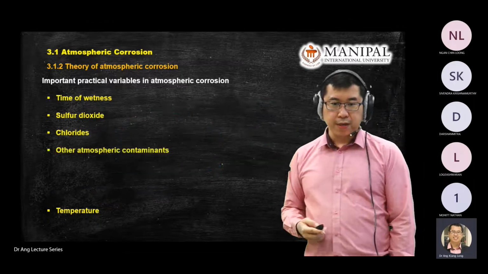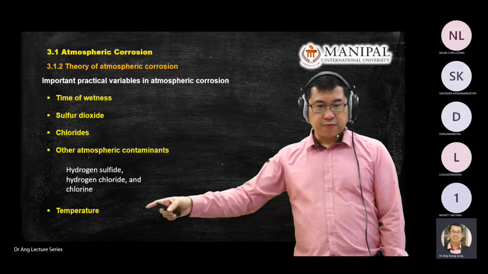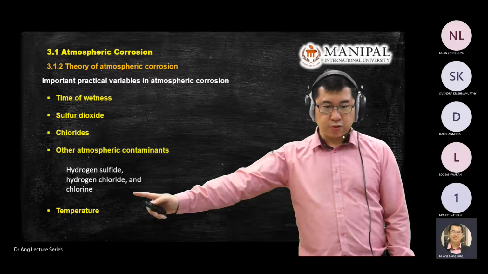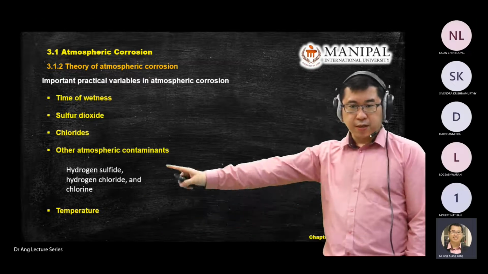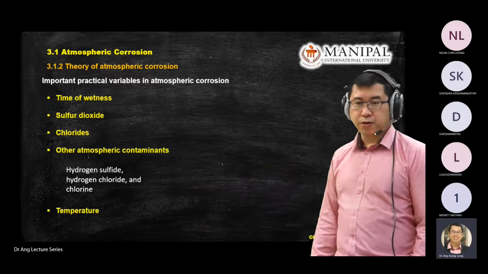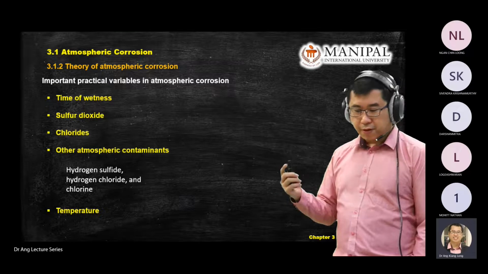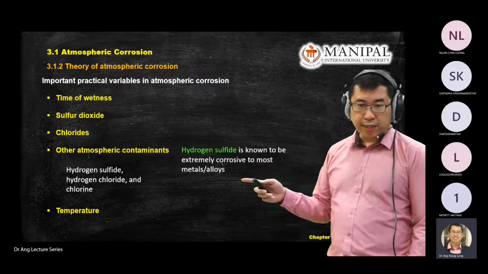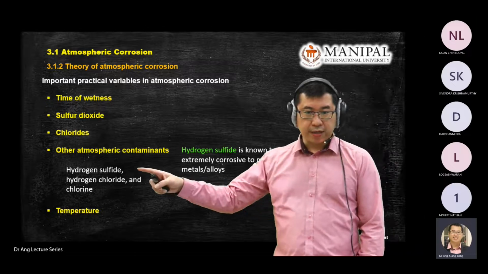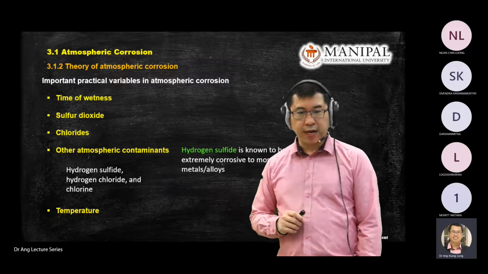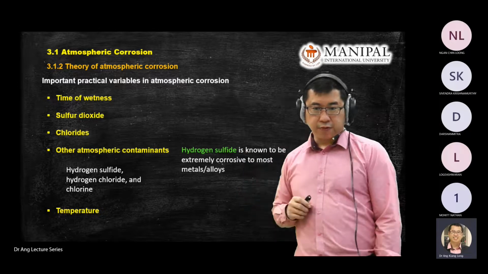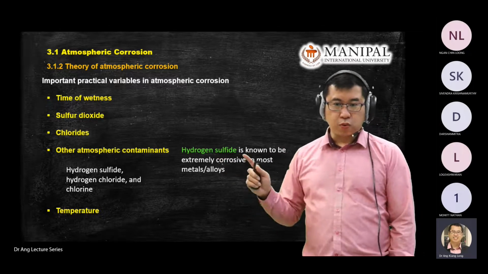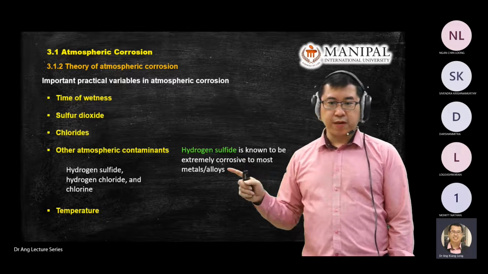Chloride is something that will create an acid condition. Other contaminants, for example, hydrogen sulfide, hydrogen chloride, and also chloride, come from the products of the industrial environment. So I just extract one of the important elements. For example, hydrogen sulfide. Hydrogen sulfide likes to mix with metals.